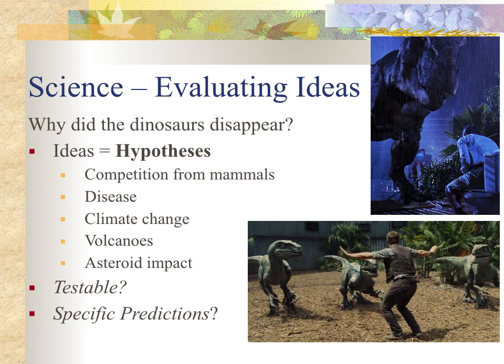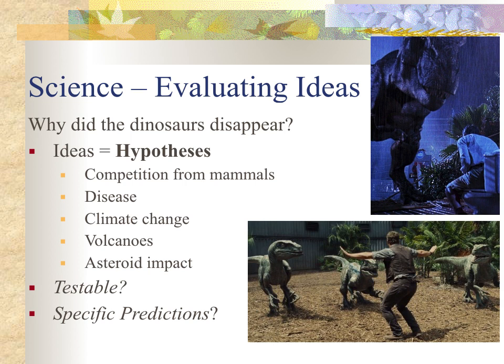What really matters about these ideas is that we can think of a way to test them, to evaluate specific predictions. For example, the first idea, competition from mammals, would suggest that we should see mammals increase at the same time dinosaurs are decreasing. Okay, and that's a specific prediction.